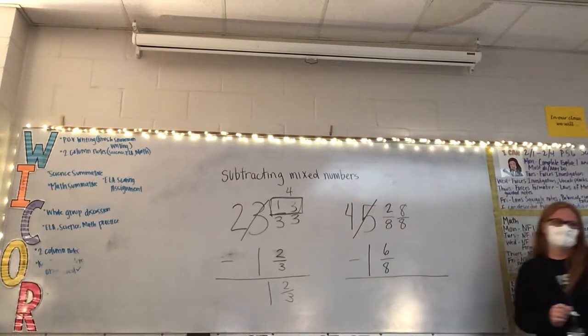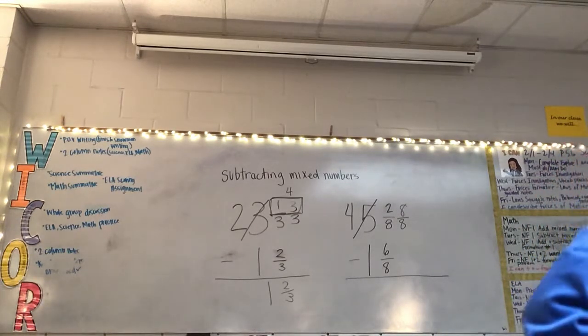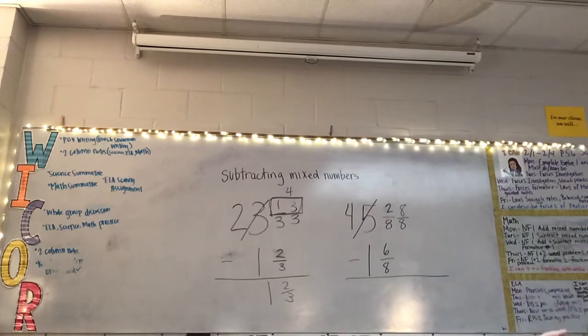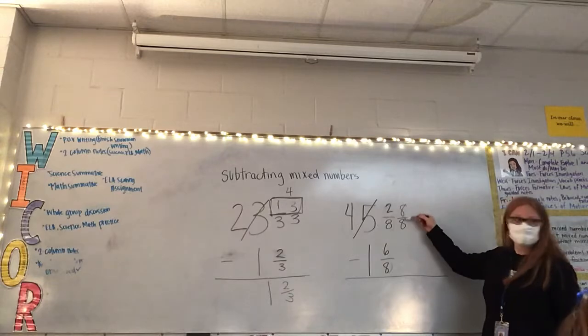Jamori, how does he know it's 8/8? Because the whole number you just took away turns into 8/8. Where did we get 8 from? Why didn't we just use 5? The denominator tells us what our whole is. Good job. So right here is our answer. We don't have to guess what our whole's going to be.